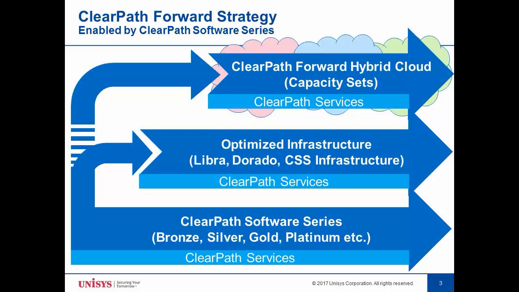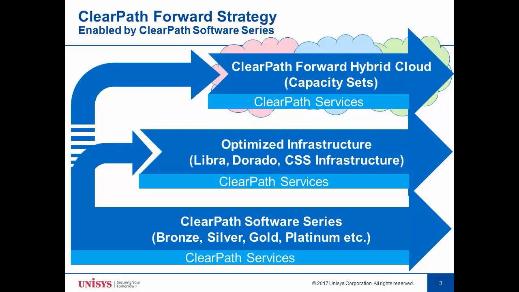2 years ago, late in 2016, we introduced the ClearPath Software Series. It is a follow-on. It is the next step to the strategy that we announced in 2005, where we told you that we were going to separate our architectures and move our software environments above the hardware. We were going to disconnect it from the hardware, allowing you much more agility in your deployment mechanisms than you ever had in the past.